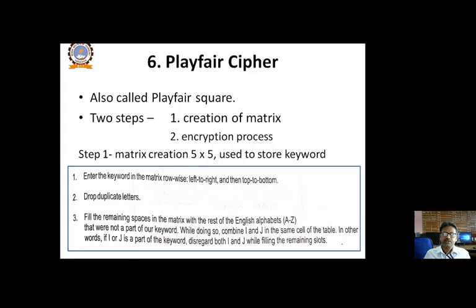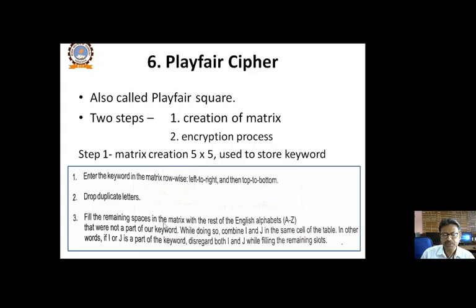So how is this matrix created? First of all, enter the keyword into the matrix row-wise, left to right and from top to bottom. We drop the duplicate letters. Suppose the key characters we are using as a keyword have duplicates, say A is used twice; we will drop the duplicate letters.